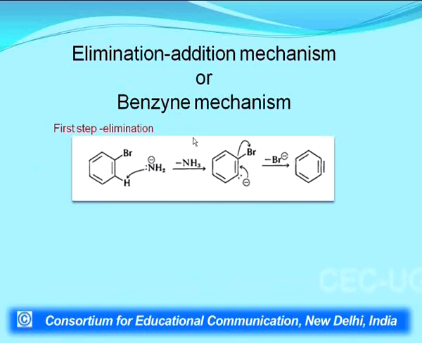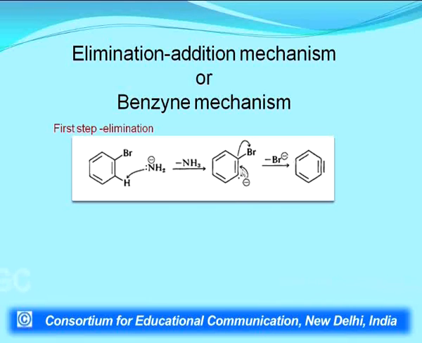This mechanism is again represented in two steps, but the first step involves elimination. In that step, a strong base like amide ion captures a hydrogen from the ortho position of this aryl halide, and there is formation of an anion.